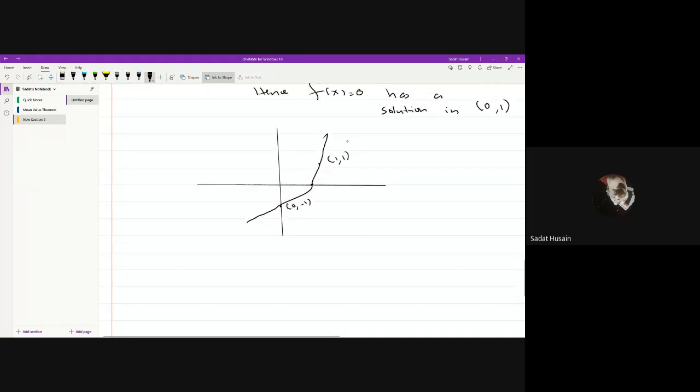So we know that a solution exists between 0 and 1. At least one solution. This we know, but we don't know if this is the only solution.